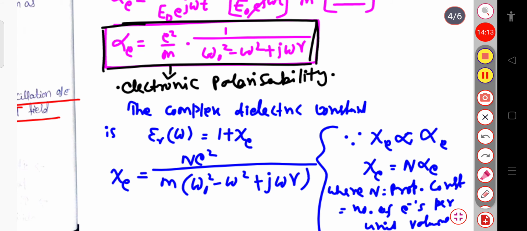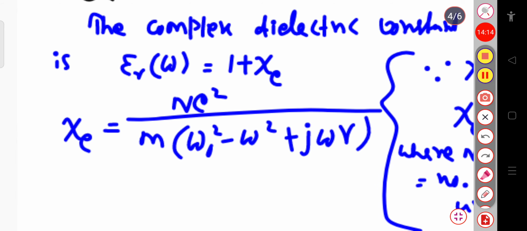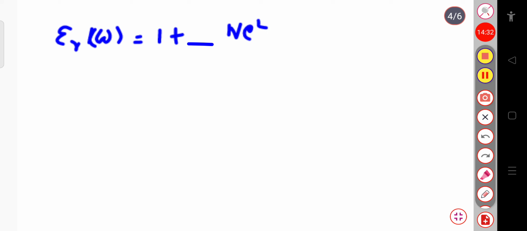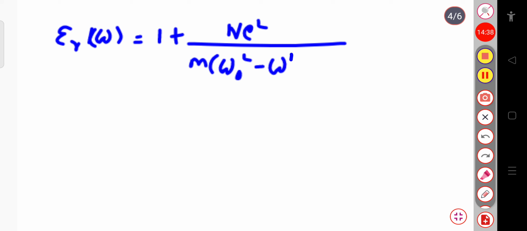Now if I substitute this value in the dielectric constant, I can write epsilon r of omega will be equal to 1 plus N e square divided by m whole into omega naught square minus omega square plus j omega gamma.